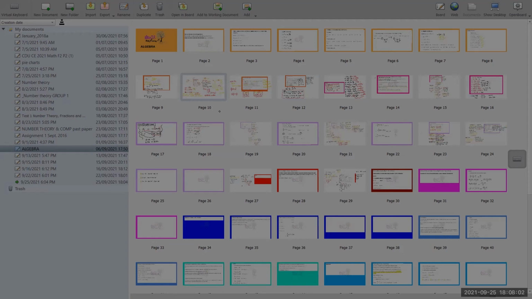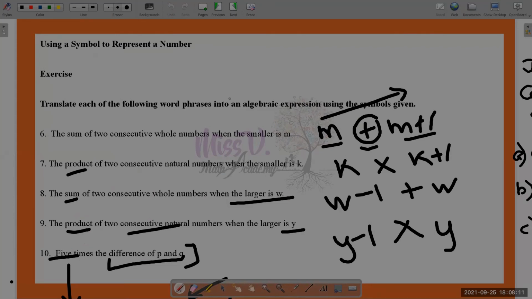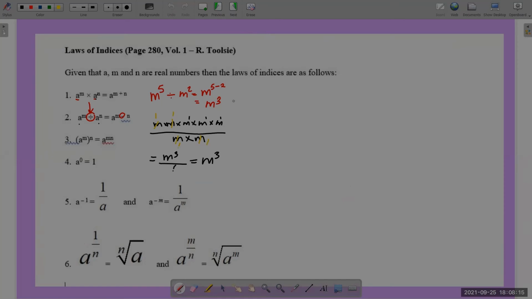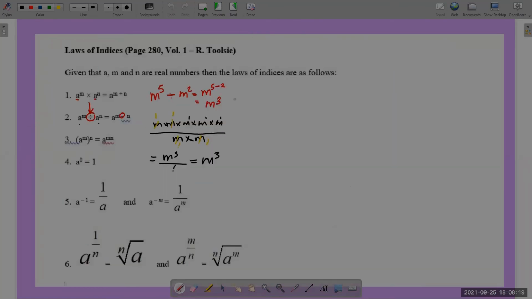Okay, awesome. So let's see if we could get back on track. Okay, so here's where we were. We were at the laws, right?